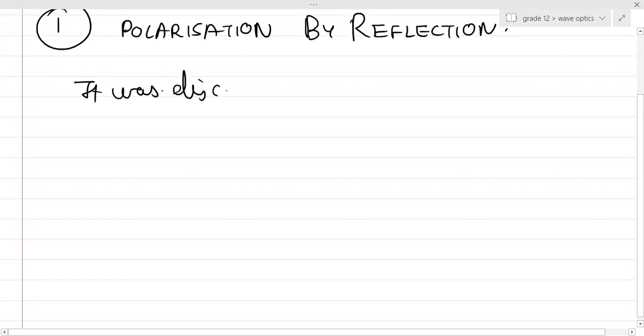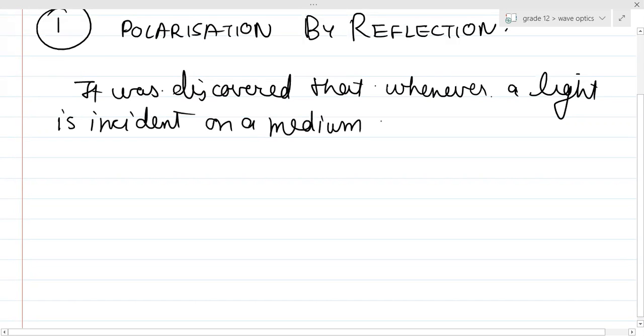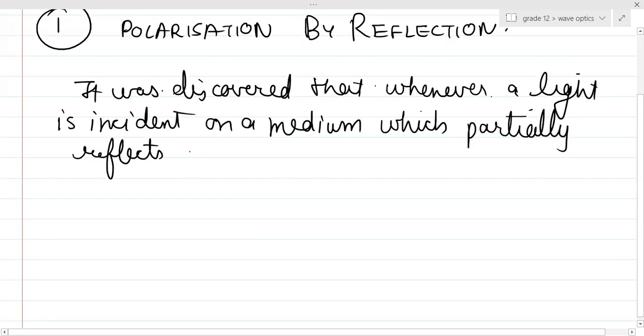It was discovered that whenever a light is incident on a medium which partially reflects the light and partially transmits.